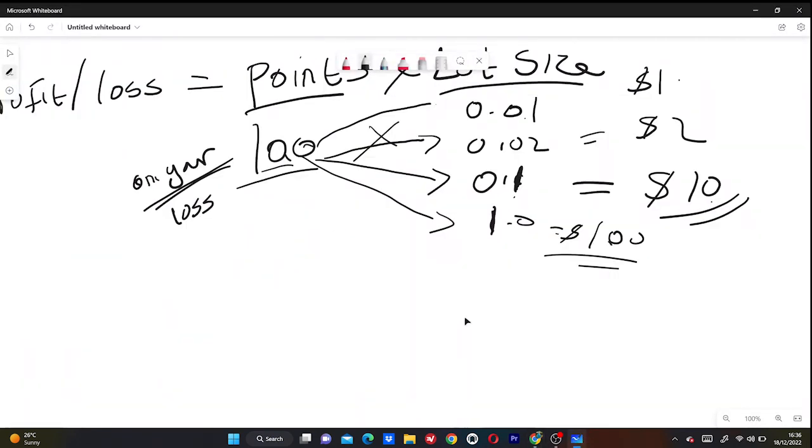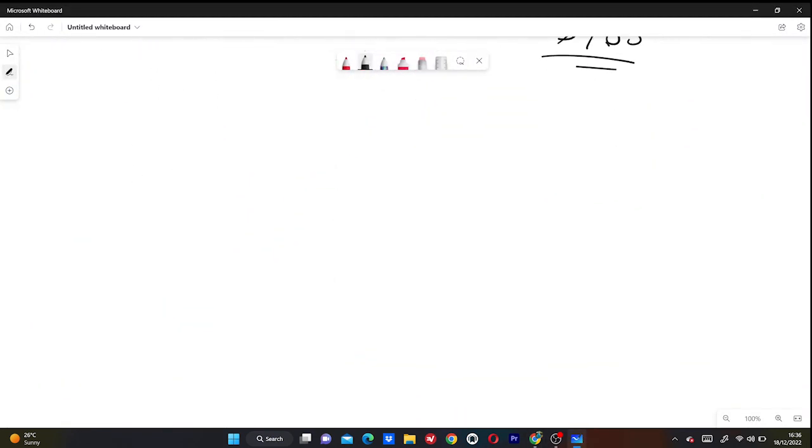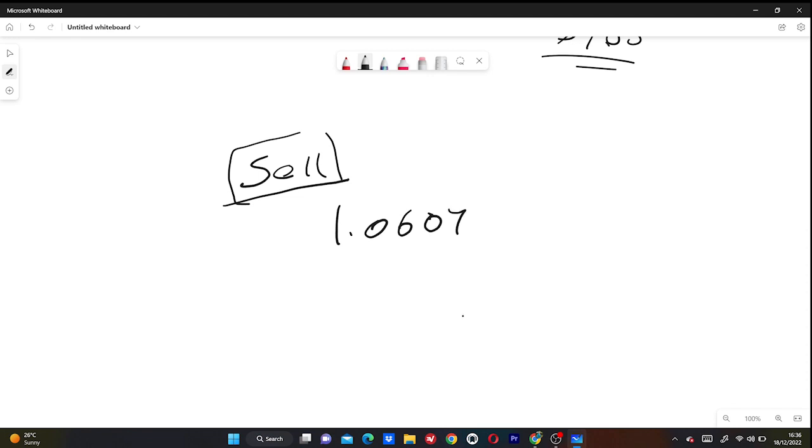So we want to sell, where we want to enter into the market. We want to sell at our price of 1.06706. This is where the market goes.